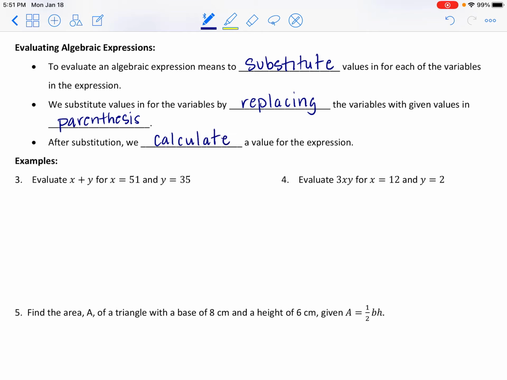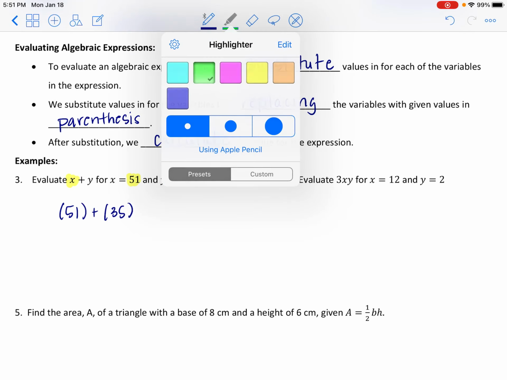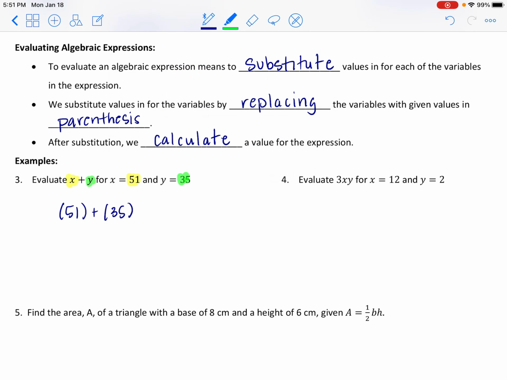Okay, so for example, on number 3 it says to evaluate x plus y, so here's our expression, but it says to evaluate for x equals 51 and y equals 35. That means we're going to replace x with 51 and we're going to replace y with 35. So instead of x plus y, it's going to be 51 plus 35, where again the x got replaced with 51 and the y got replaced with 35.